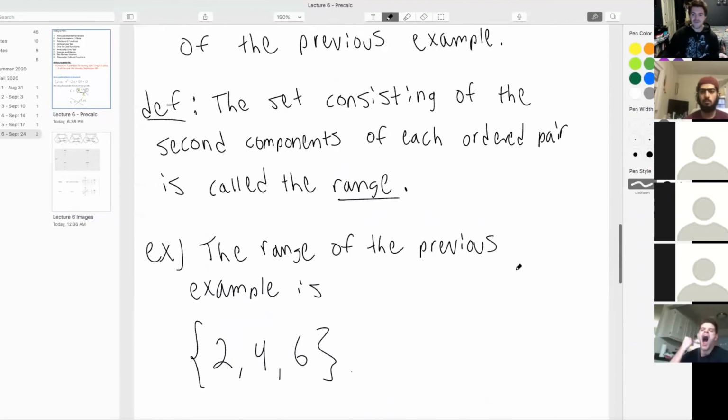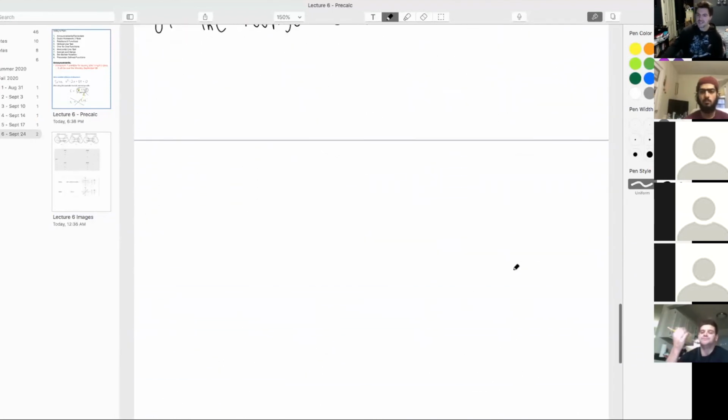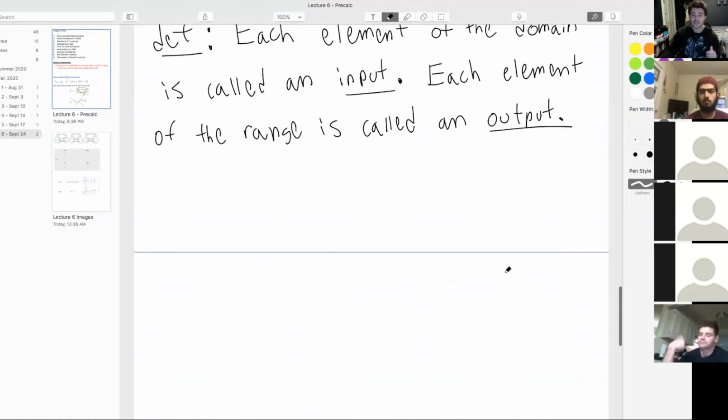So we have relation, and we have all of this terminology set. Now we'll get to the definition of a function. Very important definition.